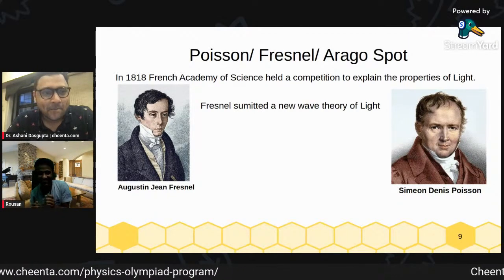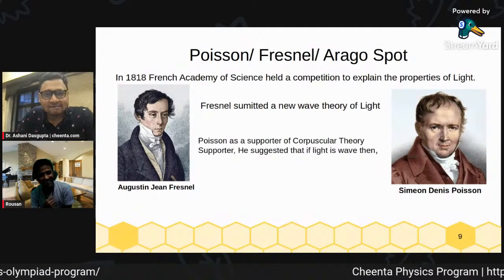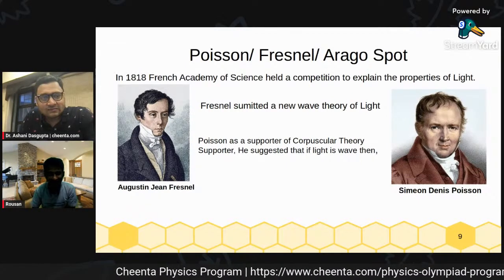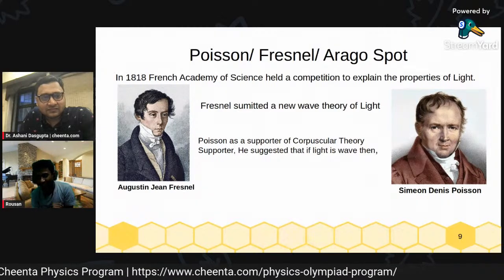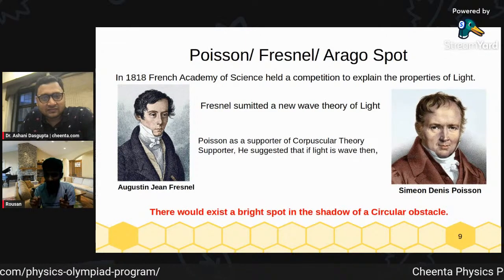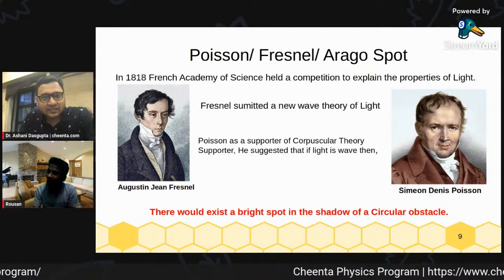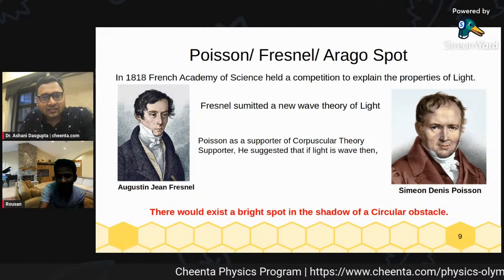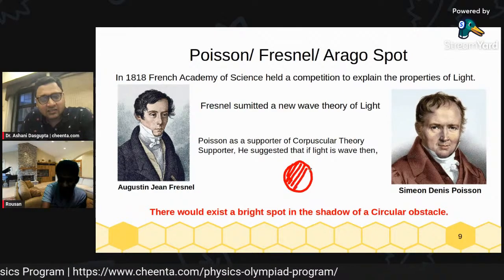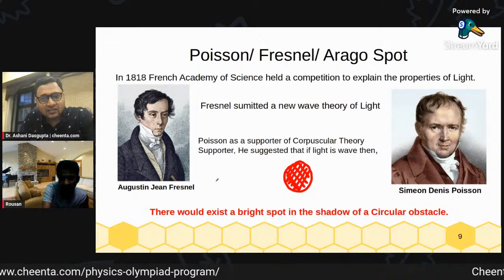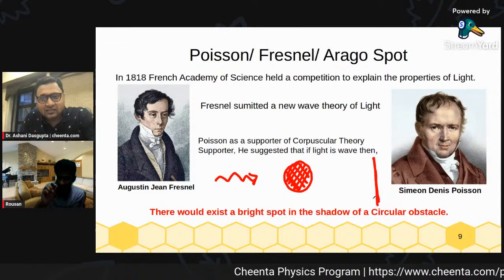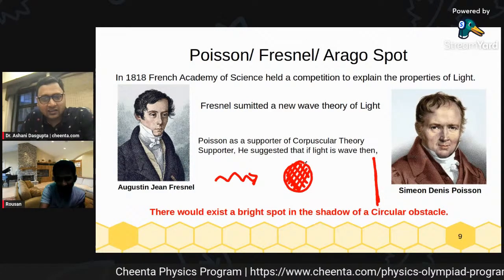Now the problem arises. He said, okay, so he is saying wave, so let's just completely destroy him. He says, if your words are right and light is a wave, then what should happen? If I have a circular object and light is coming from here, and suppose there is a region where a shadow is being cast, the shadow is here.